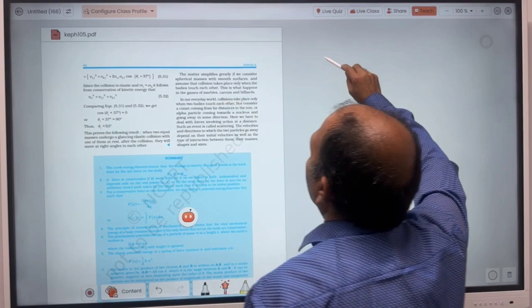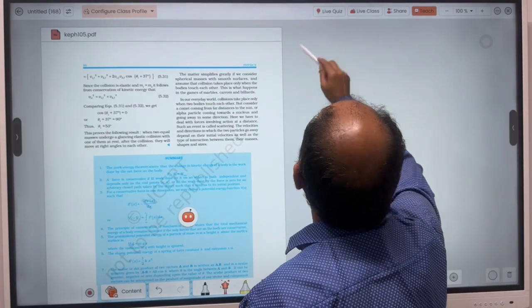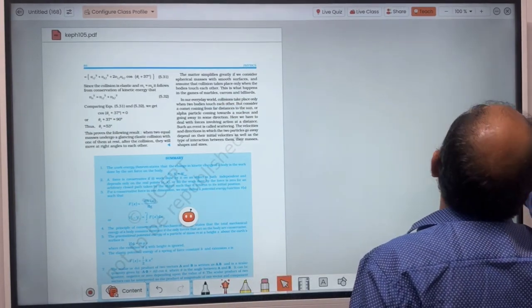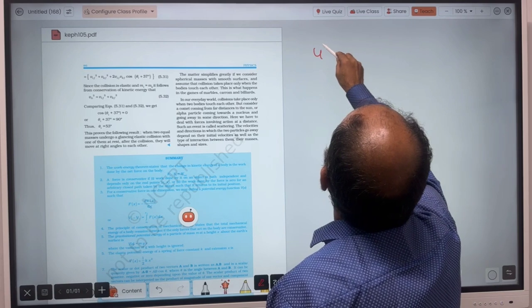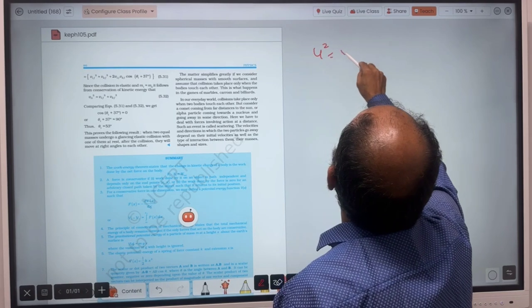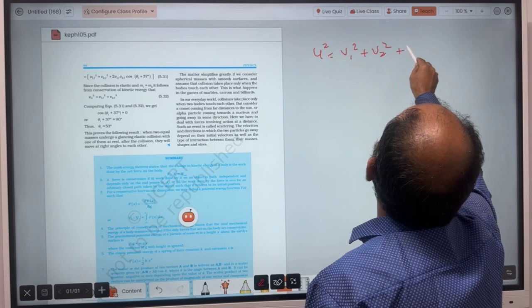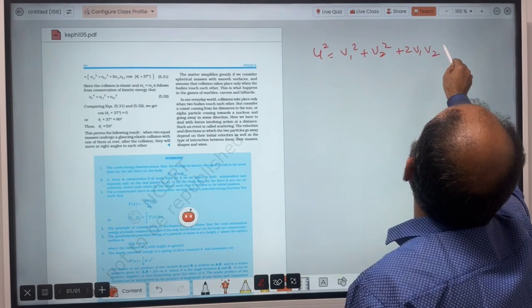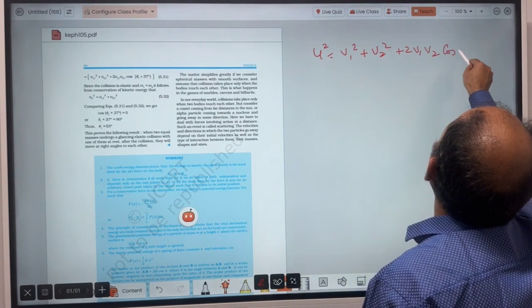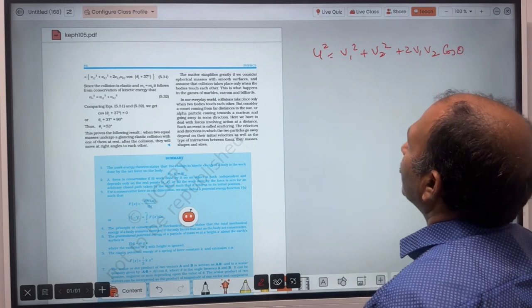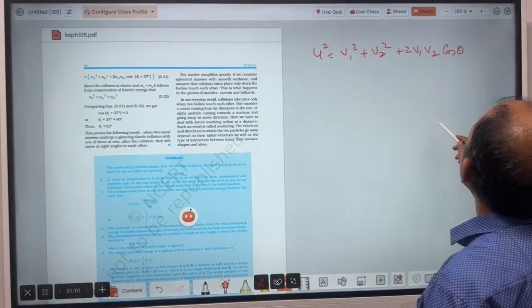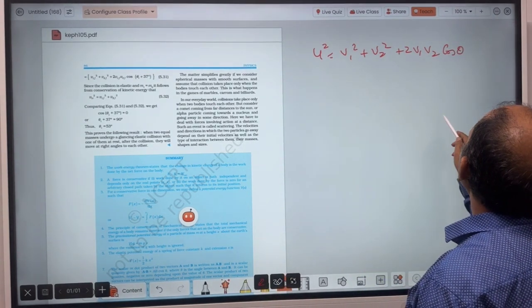Our relation that we have got is u square equal to v1 square plus v2 square plus twice of v1 v2 cos theta, where there are two angles, one is theta 1, another is theta 2.